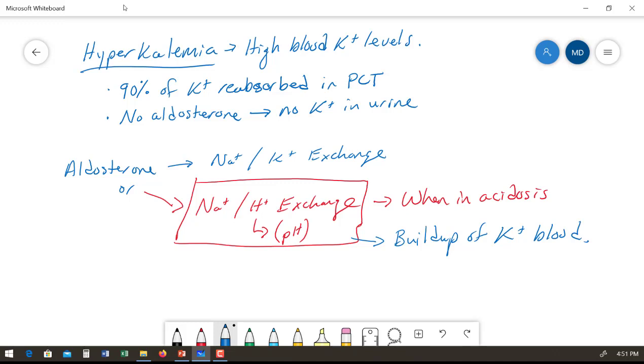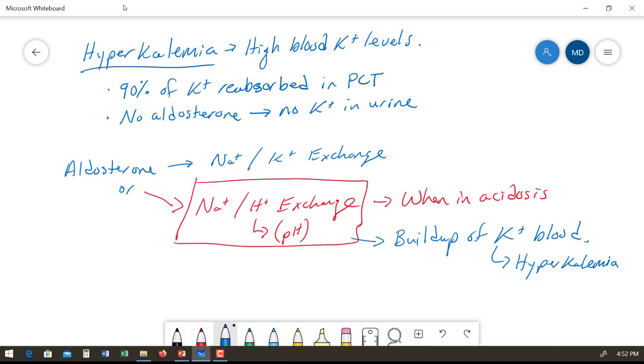This buildup in potassium in the blood can lead to hyperkalemia. And in fact, this is something that you do have to watch for with people like diabetics. It's just another problem with diabetes.